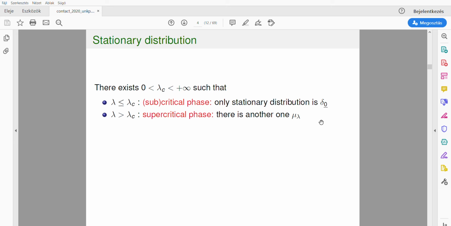Okay, so that was the subcritical phase, but the important part is that if the infection rate is bigger than this critical value lambda_c, then something else happens. Of course, the trivial stationary state is still there, but there exists another stationary distribution of this Markov chain, which we denote by mu_lambda, where the density of infected sites is positive.